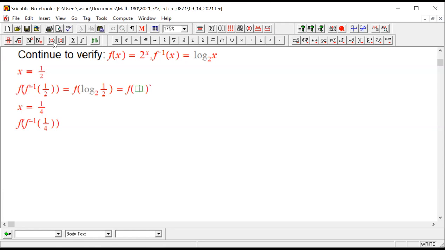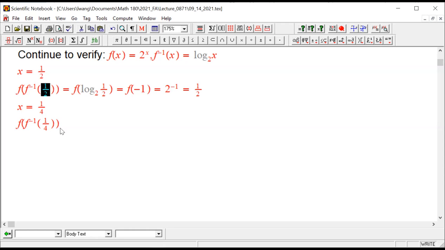What's the log base 2 of half? -1. That's right. And then we use the other function, 2 to the power of -1. And 2 to the power of -1 is what? Half. Does it verify?